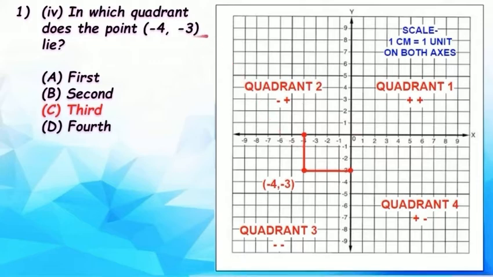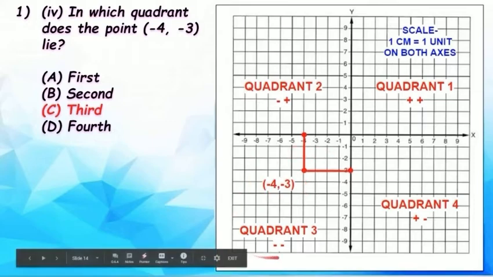So on the y-axis we locate -3, and -3 is here. Now we join these 2 points by drawing perpendicular lines and the intersection of these is here. So now we know that this point -4, -3 lies in the third quadrant. So this is our third quadrant and this point lies here. So the answer is option C.